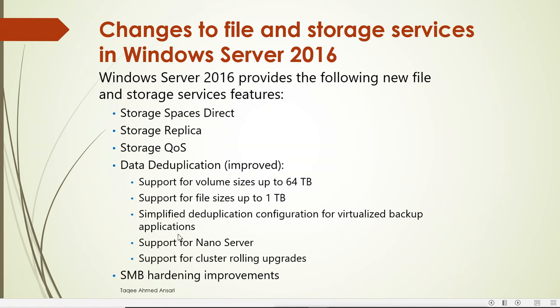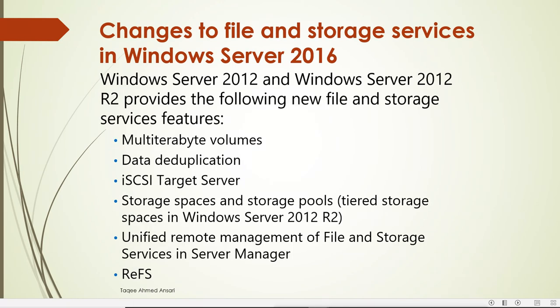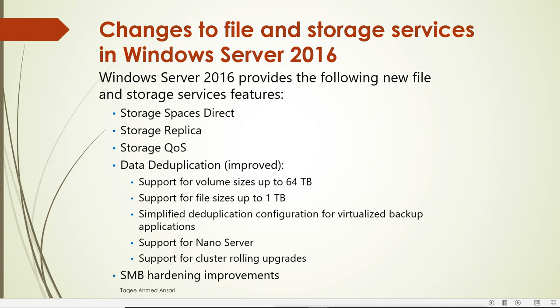Then there is support for Nano Server and support for cluster rolling upgrades also. Then we have SMB hardening improvements. This is also in Server 2016. It secures the SMB protocol or SMB share, hardening the security of the SMB protocol.